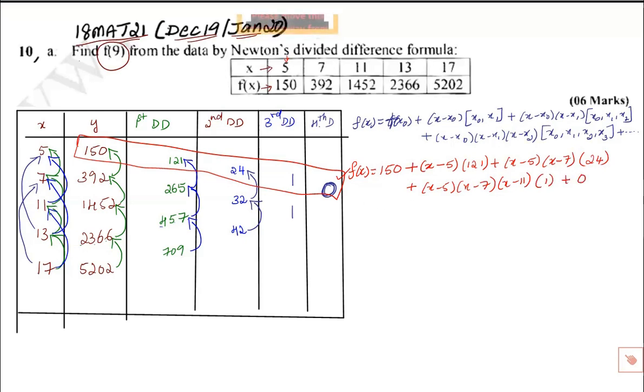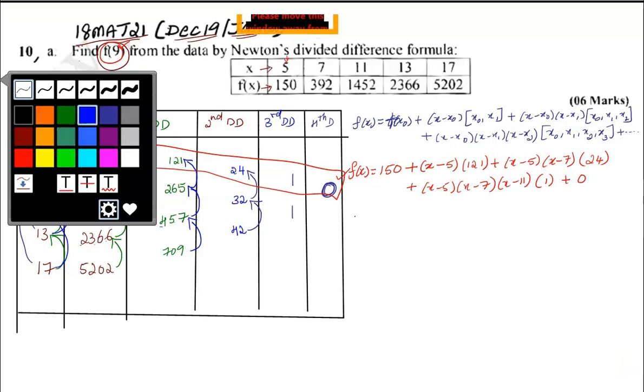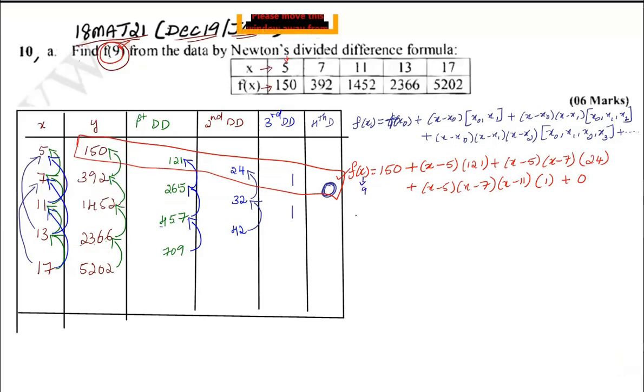And here you are finding the value of f of 9. So you can substitute straight away, put x equal to 9 here. They are not asked the interpolating polynomial, so straight away you can get the value of f of 9.